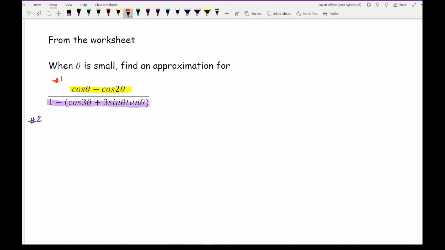So in terms of #1, I've got cos theta minus cos 2 theta. From this, all I'm going to do is swap and replace it with the approximations. So I've got 1 minus a half theta squared, minus, 1 minus a half, and it's going to be 2 theta squared, close bracket.